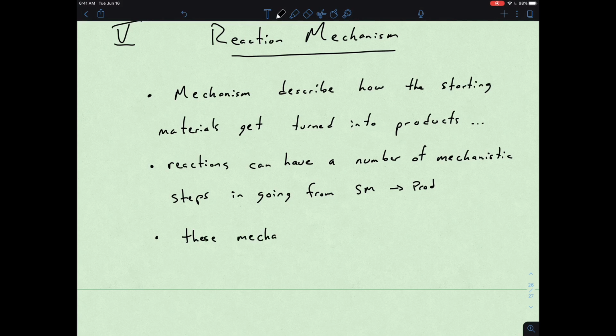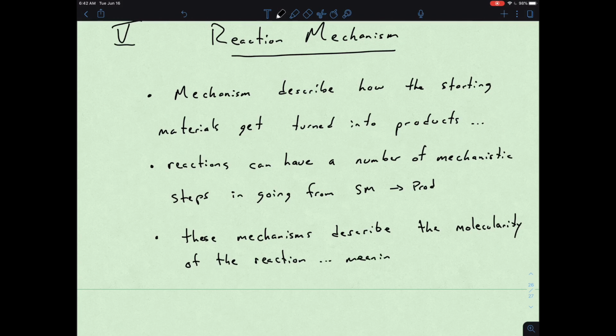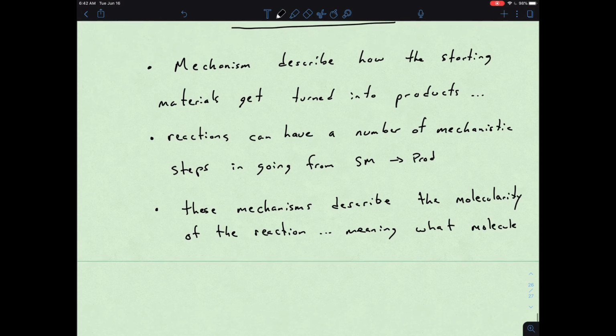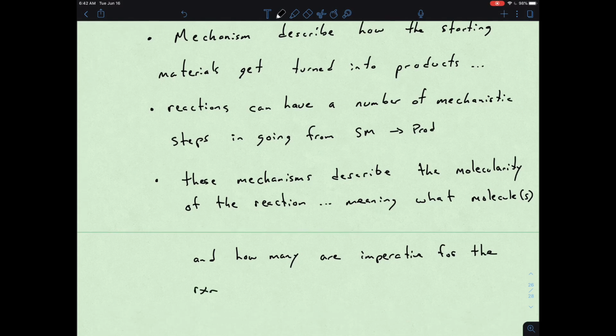These mechanisms basically describe what's called the molecularity of the reaction, meaning what molecule or molecules, and how many, are imperative for the reaction to proceed.